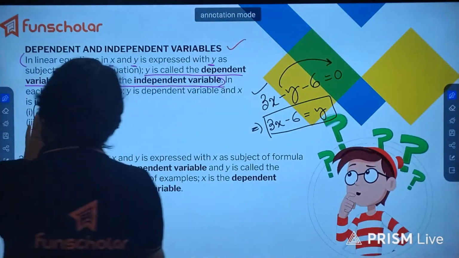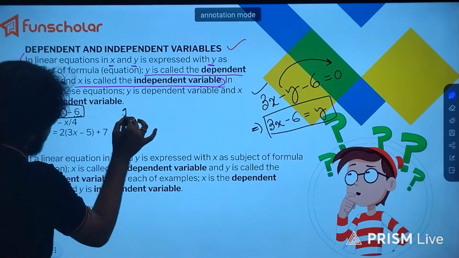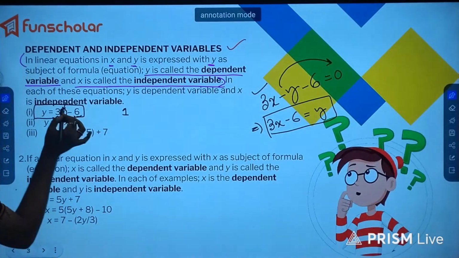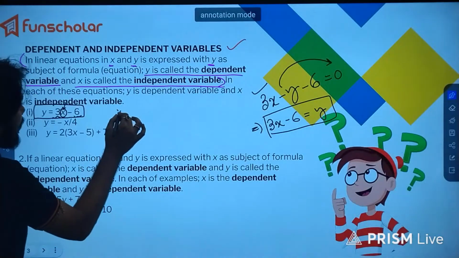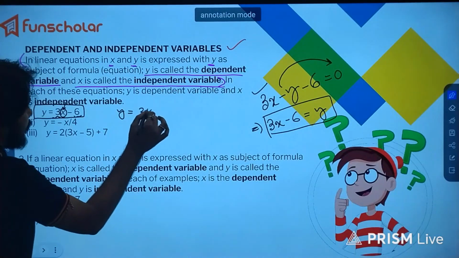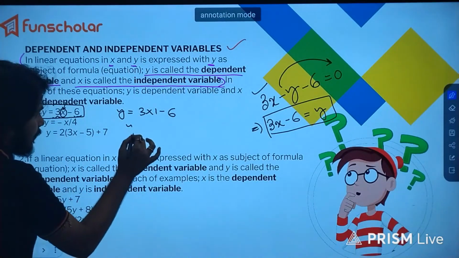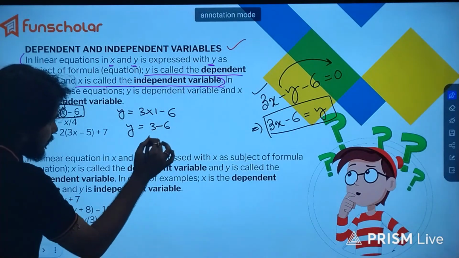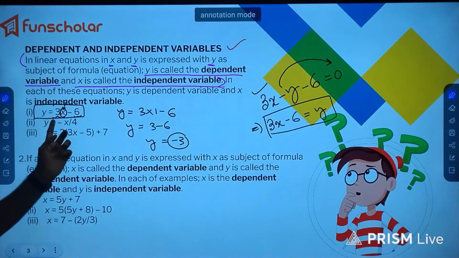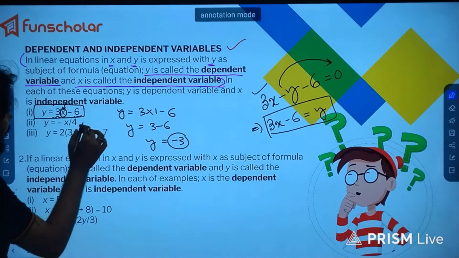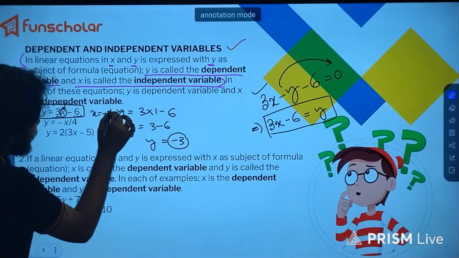If we take x as 1, what will be the value of y? y will be 3 into 1 minus 6, then y will be 3 minus 6, or y will be minus 3.